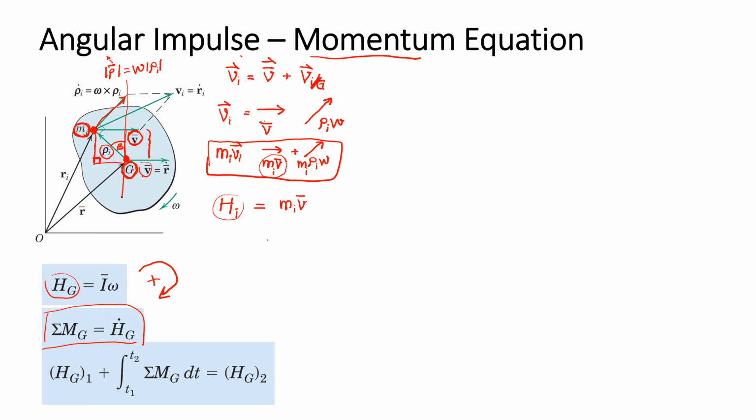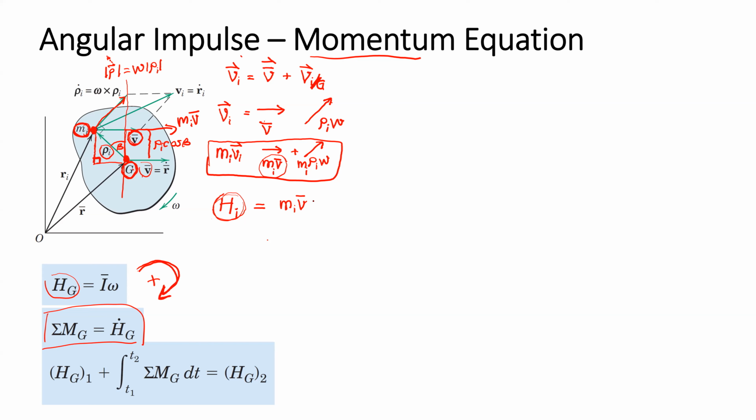In this case, the effect of m v bar that creates the angular momentum is equal to mi v bar multiplied by this distance, rho I cosine beta, and creates clockwise angular momentum.